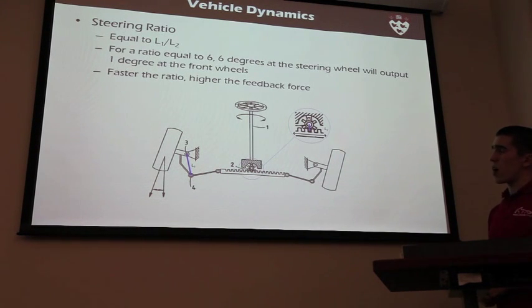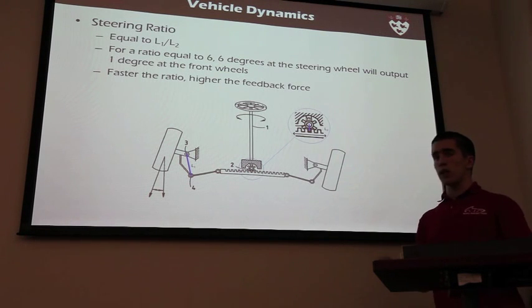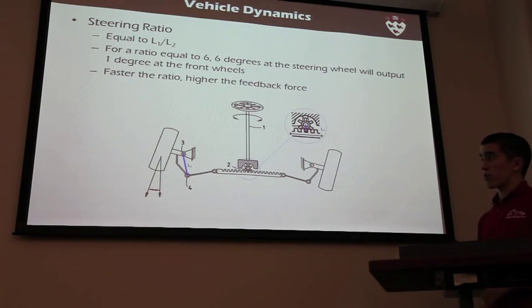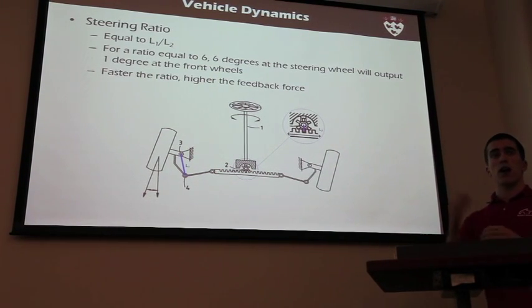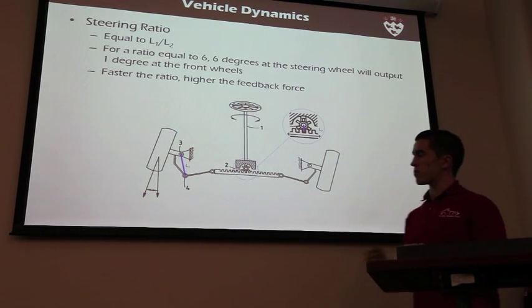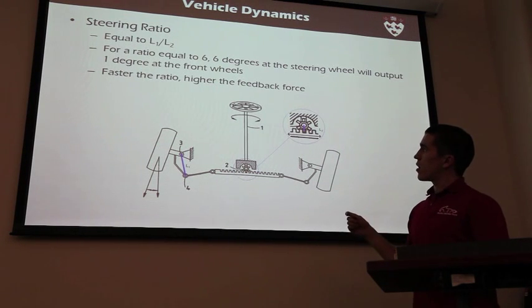So if you have a steering ratio equal to 6, that means that you will input 6 degrees at the steering wheel, and you'll get 1 degree at the wheel. So the higher the number is, the slower the ratio; I made a mistake on there.